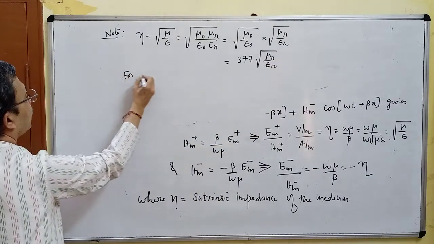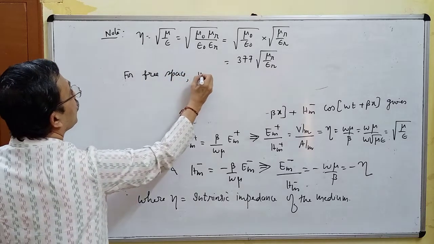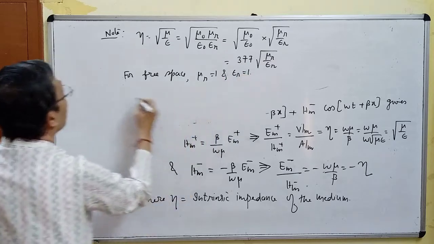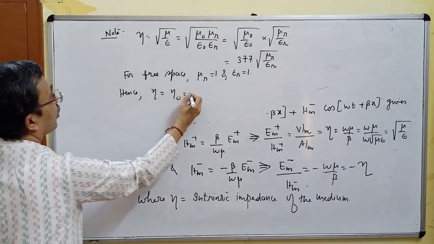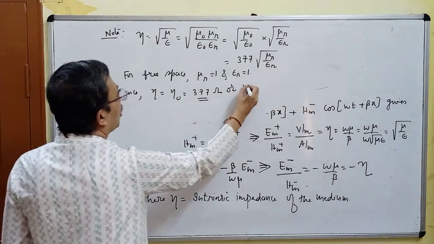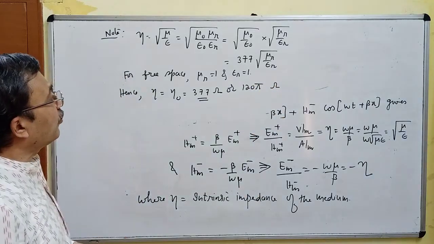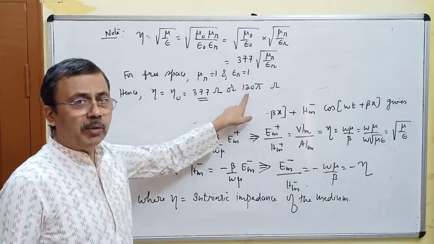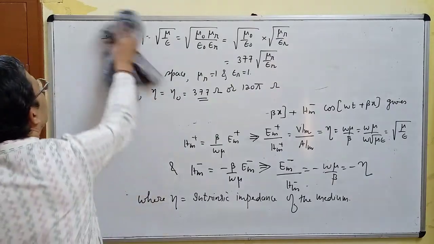For free space, mu r equals 1 and epsilon r equals 1. Hence, eta equals eta naught is equal to 377 ohms or 120 pi ohms. This is the impedance offered by free space to a propagating plane wave. In which medium? Lossless medium or a perfect dielectric medium.